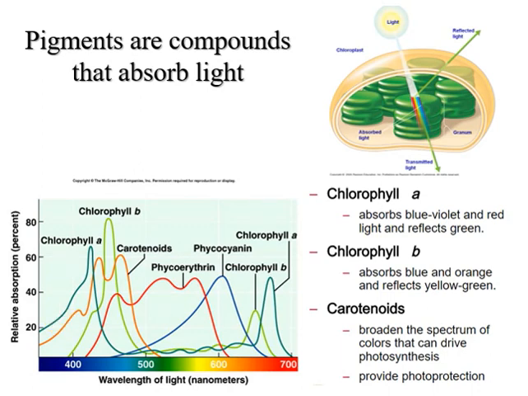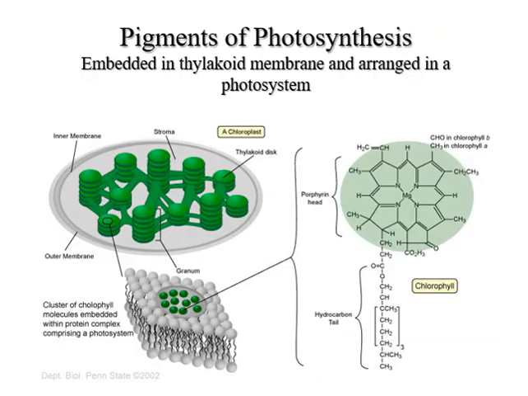So going back to this slide here, here's the structure of one of these pigment molecules. Each pigment has that porphyrin ring, which is the light absorbing head of the molecule. And then they have a hydrocarbon tail.